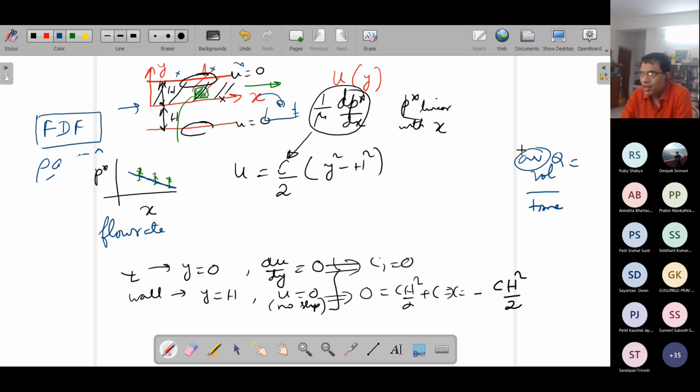So in that way, this is much easier to measure. So how do you relate this c with the flow rate?